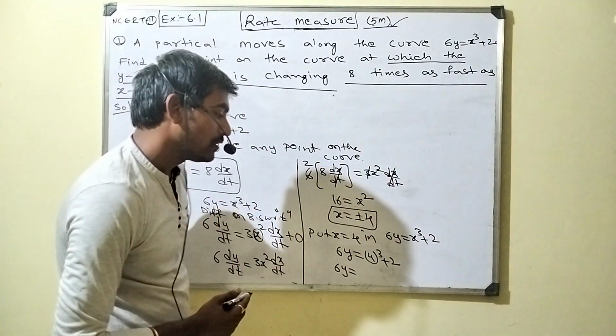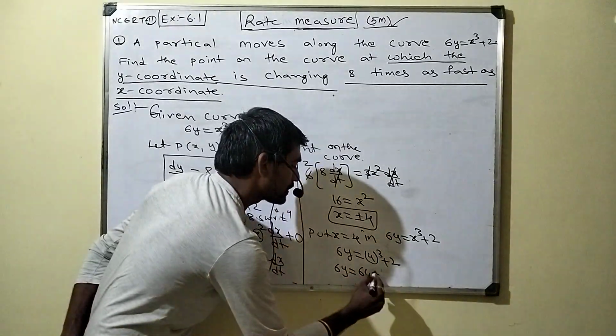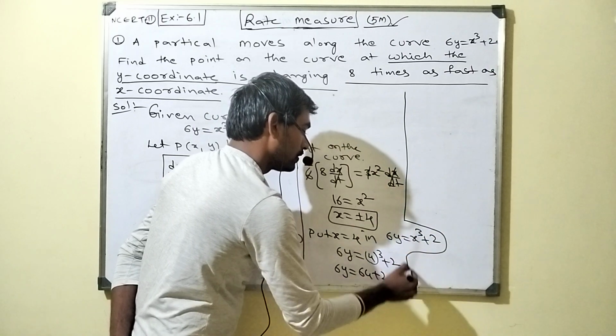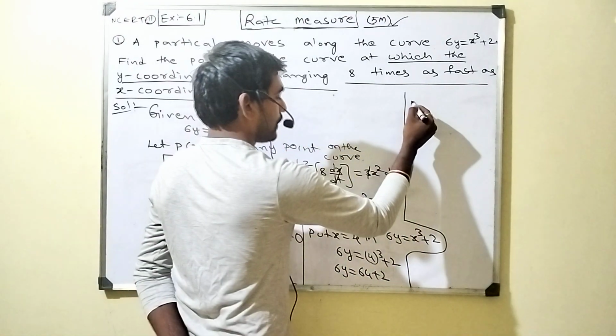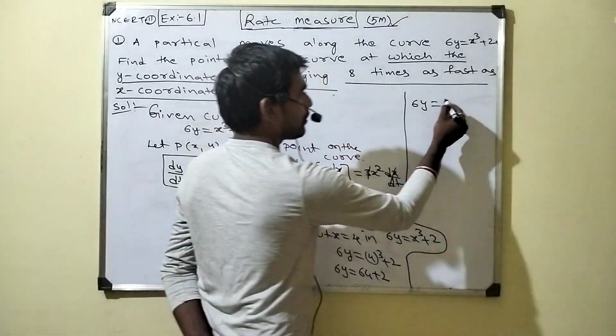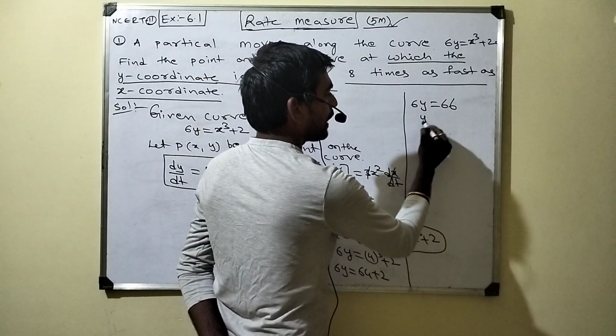What is the 4 cube value? 64 plus 2. So 6y is equal to 64 plus 2, which is 66.